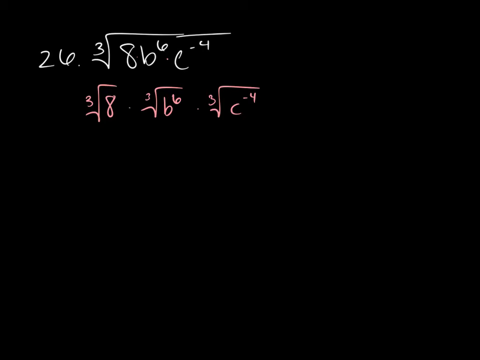And using our knowledge of rational exponents, we're going to simplify that cube root of 8 to 2, and then rewrite our b to the 6 as b to the 6 over 3, and the cube root of c to the negative 4 as c to the negative 4/3. Since the power of b here is 6/3, that can be reduced to 2, right? So I actually have 2b squared times c to the negative 4/3.